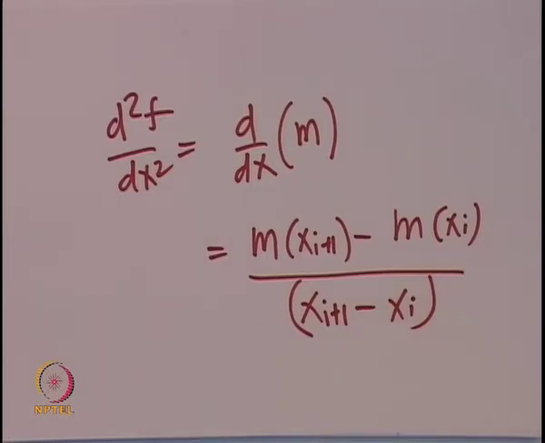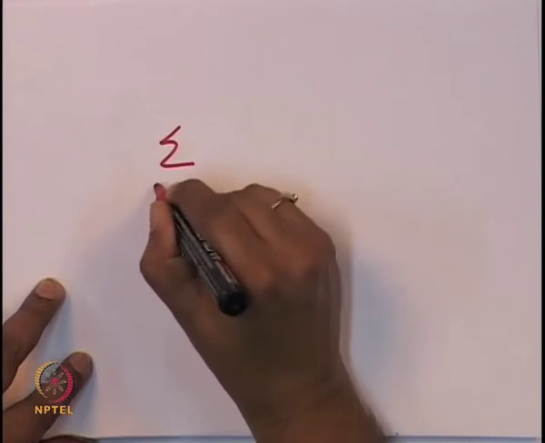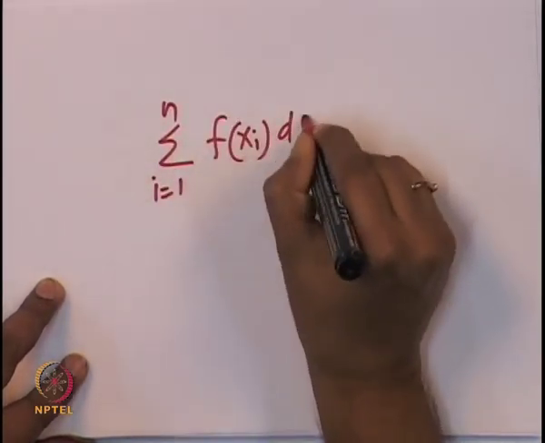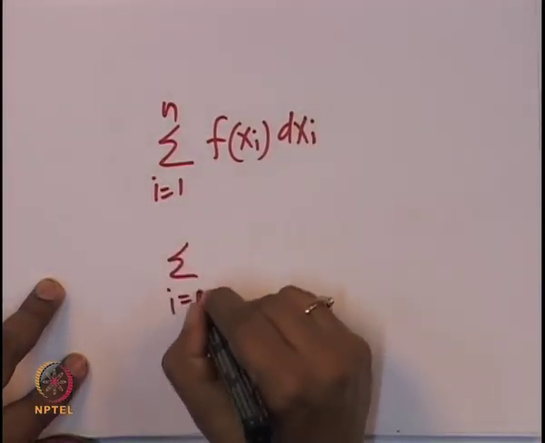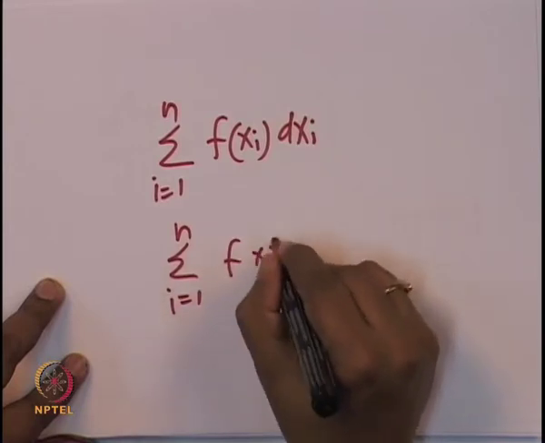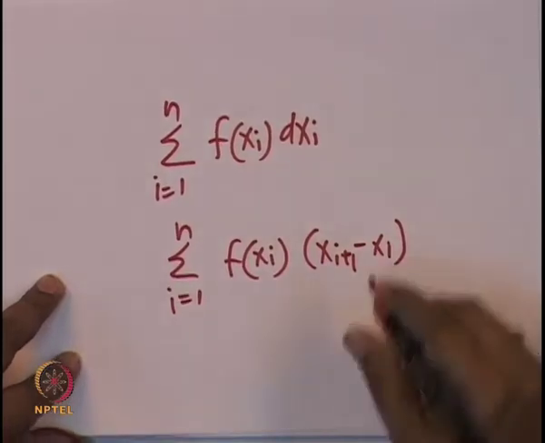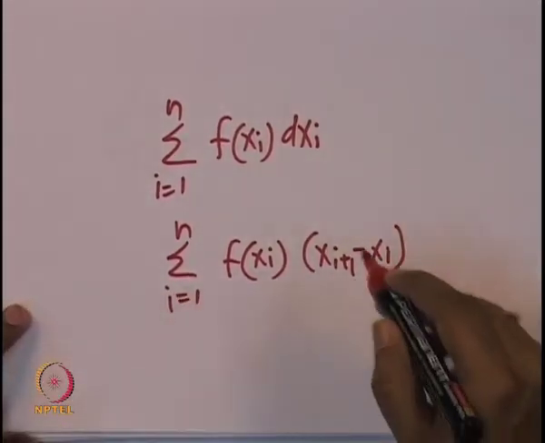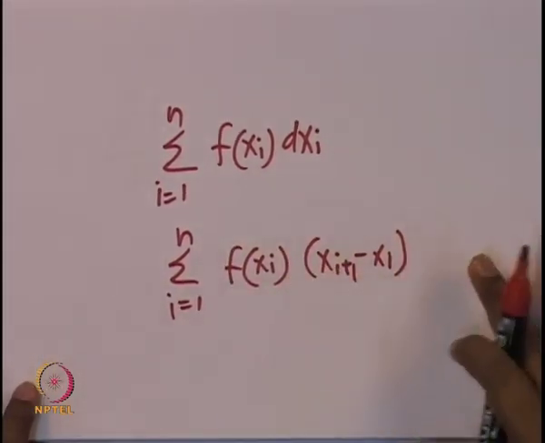You can also integrate by the same rule that we said. Integration of data can be written, as we did, as sum over I equal to 1 to n of f of x I dx I. In other words, sum over I equal to 1 to n of f of x I into x I plus 1 minus x I. So, if we have data like x 1, x 2, x 3, we can use this formula to do the integral numerically also.